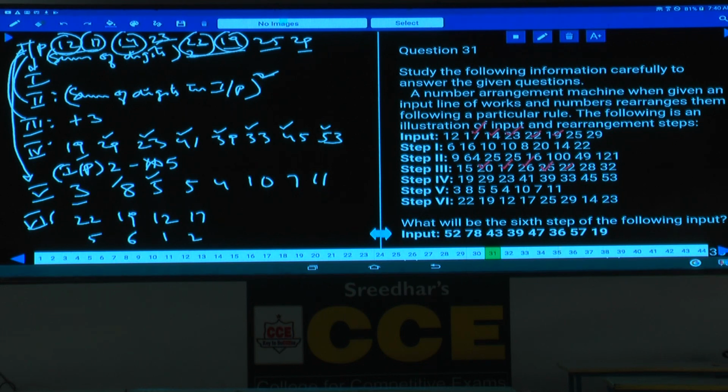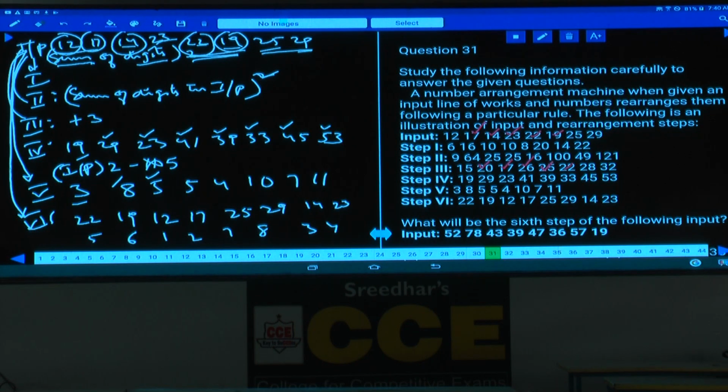Then 25 and 29 are the 7th and 8th numbers, followed by 14 and 23, which are the 3rd and 4th numbers. Now the numbers in the input are arranged like this: first 12, 17, next 22, 19, 12, 17, next 25, 29, 14 and 23.